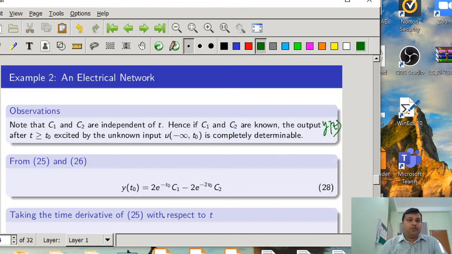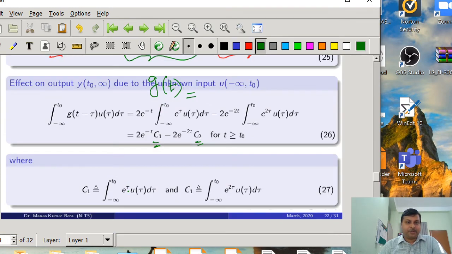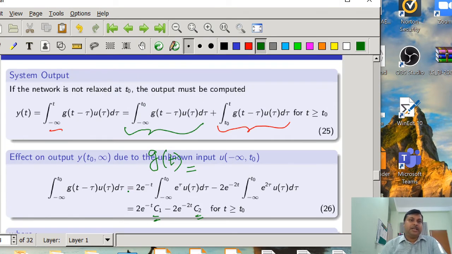So now we want to calculate the expression of y(t0). What will be the output exactly at the instant t0? Go back to the expression of y(t). If we want to calculate y(t0), this part is going to vanish, because it goes from t0 to t.